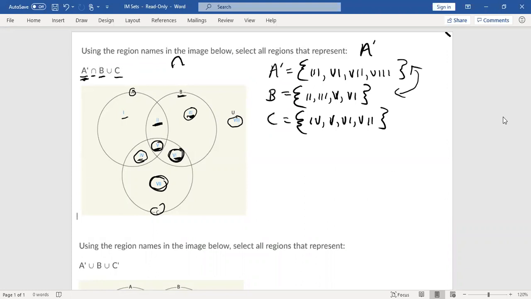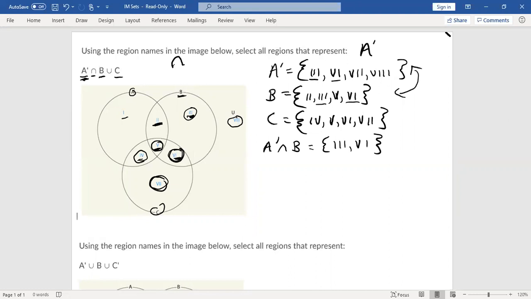So we're going to compare to see what they both have. So they both have the 3, and they both have the 6, and that's all they have in common. So doing the first part, the complement of A intersect B would just be 3 and 6.